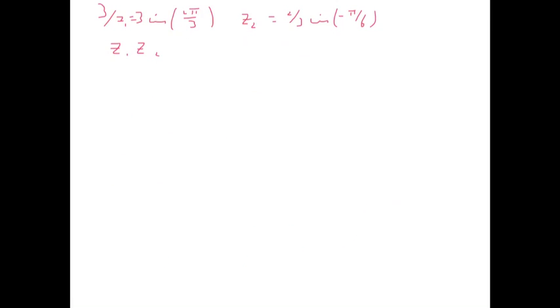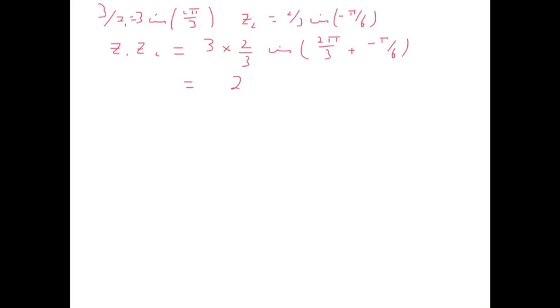Okay, we're now looking at question 3, where we've got z1 is 3 cis 2 pi on 3, z2 is 2/3 cis negative pi on 6, and we're looking to find z1 times z2. So z1 times z2 is you multiply the two r values together, and then you add the angles. So 2 pi on 3 plus the negative pi on 6.